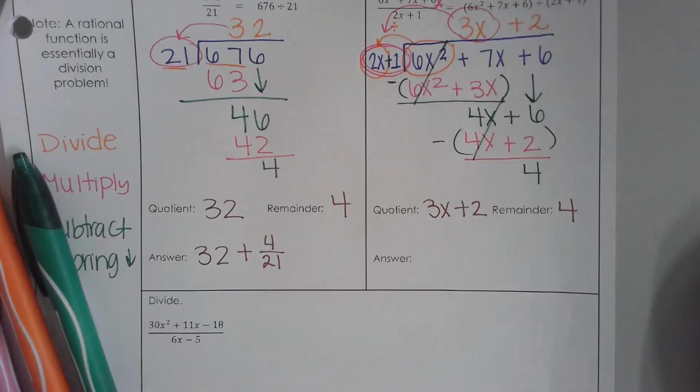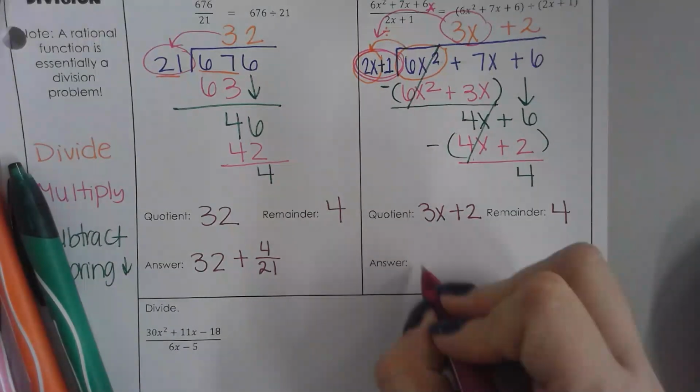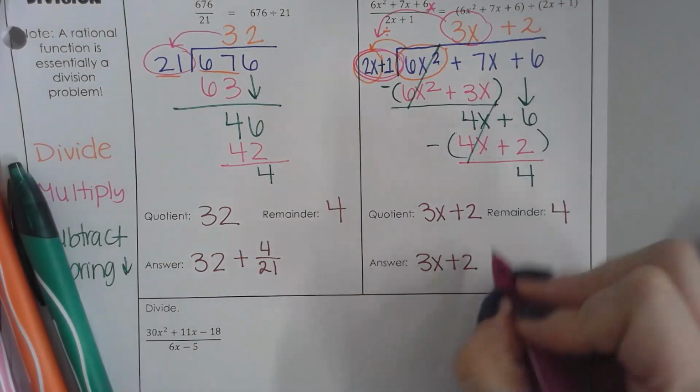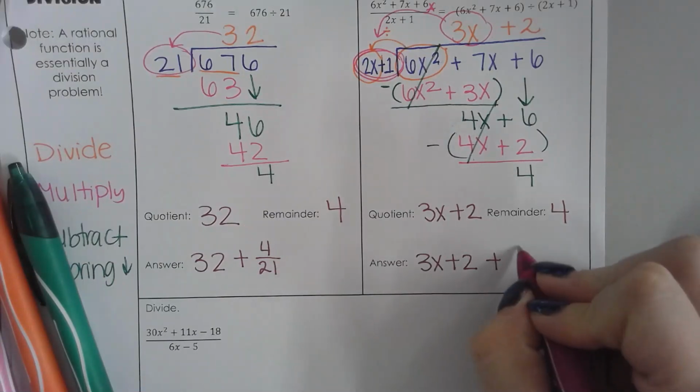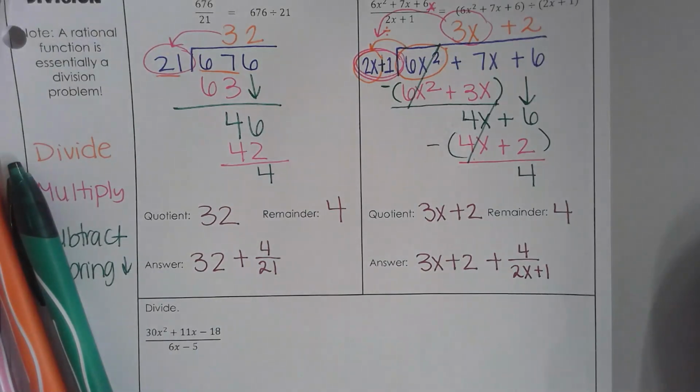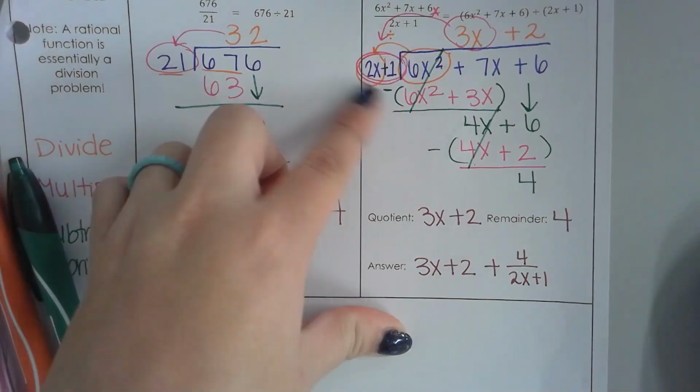So my final answer is 3x plus 2 plus 4 over 2x plus 1. So you put your remainder over whatever you were dividing by.